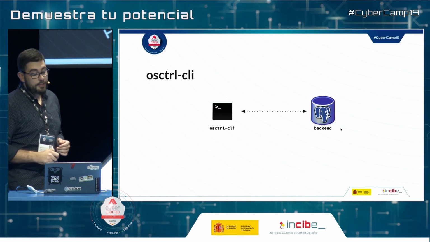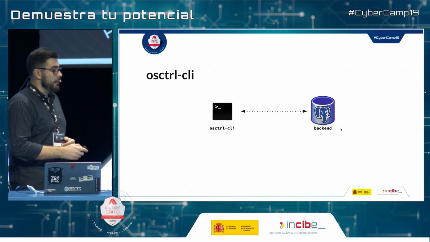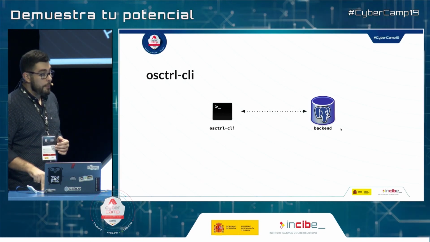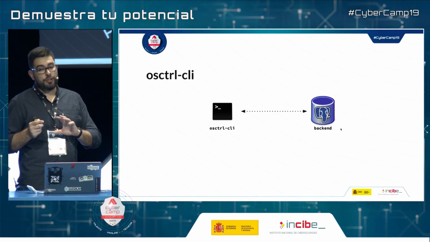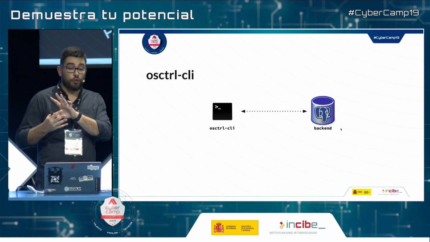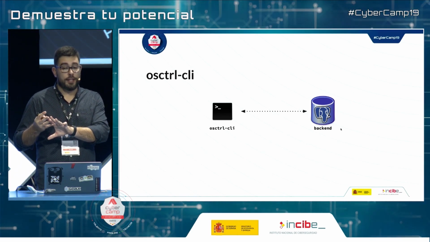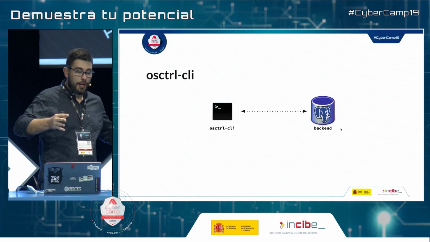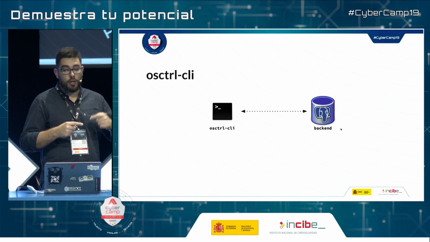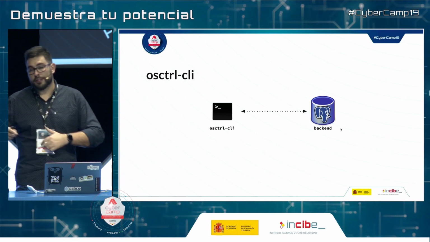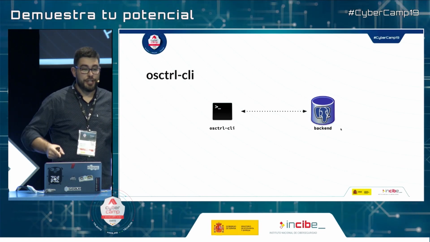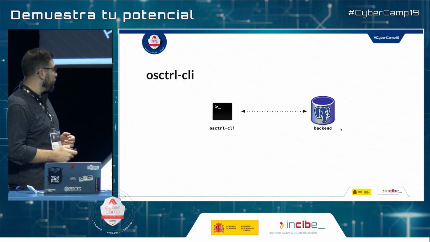And the last component that I would like to mention is the command line in Osctrl. Usually, if you want to see something and you don't want to expose all the metadata that you have stored in your database, and sometimes you might even want to see it in bulk, or just integrate it with Slack, for example, or with anything that you want to do through Jira tickets.